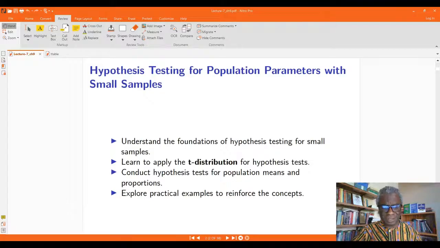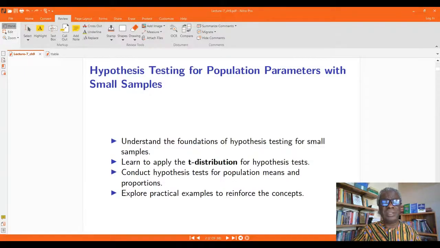But in many practical situations, you deal with small samples. So in this lecture, we would look at the foundations of hypothesis testing for small samples.